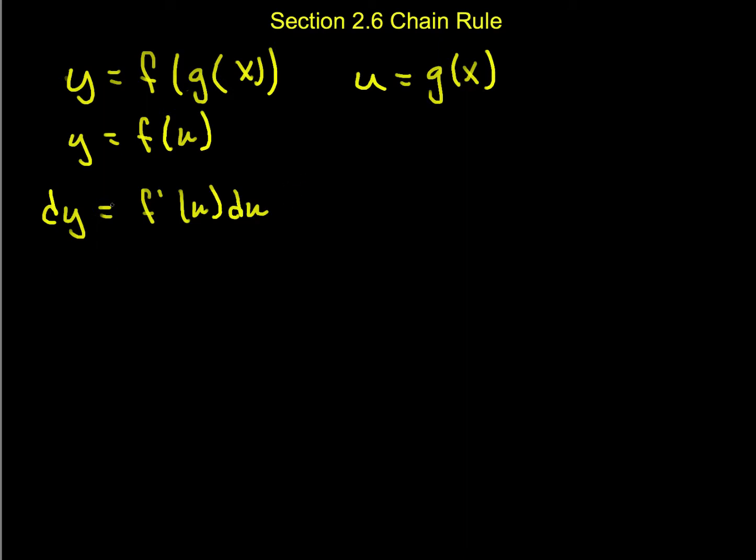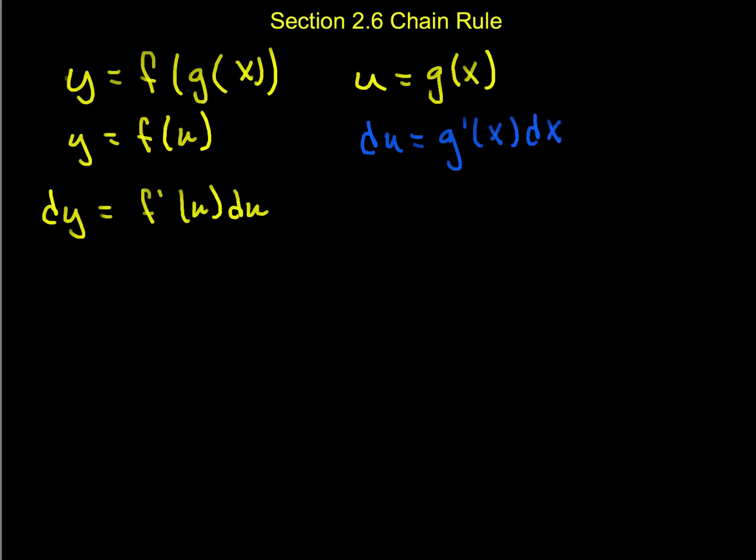And we could stop there, except we know some things, in particular that u is g of x, and so we know what du is. Du, well, that's just the differential of u. It is g prime of x dx.